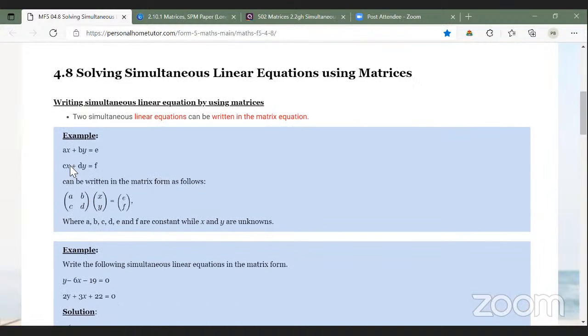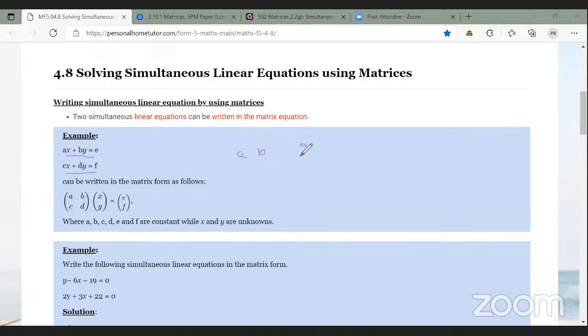All right, so if you can see here, two simultaneous linear equations can be written in the matrix equation. So to do that, you can see the examples here. Ax plus by equals to e, and cx plus dy equals to f. So when you write them down in the matrix form, you just copy down the equations like so. Just imagine you're writing down the equation. So here you got a, and then b, and then you put e over here.